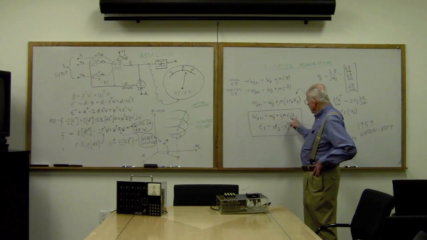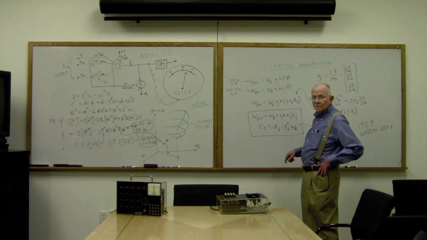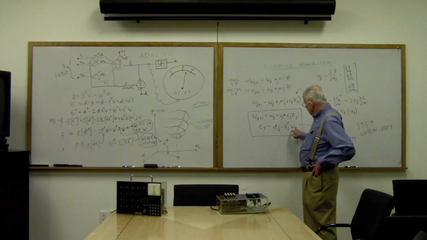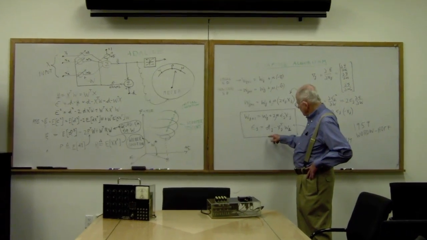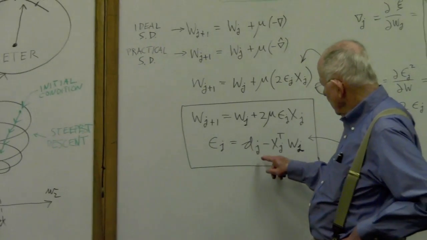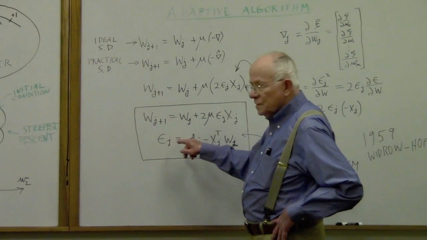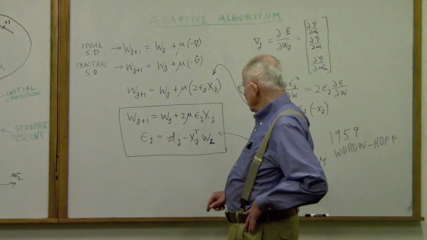But the objective of all this is to make the error small. And the error is the difference between the desired response, in other words, what you want, and what you've got. The error is the difference between what you have and what you want. So the error is going to be sometimes positive, sometimes negative.